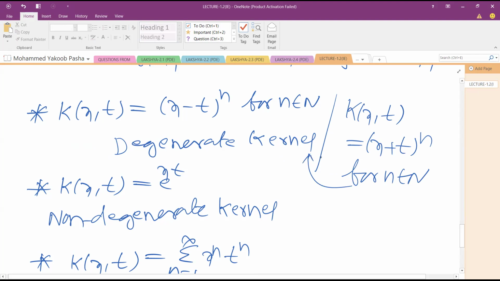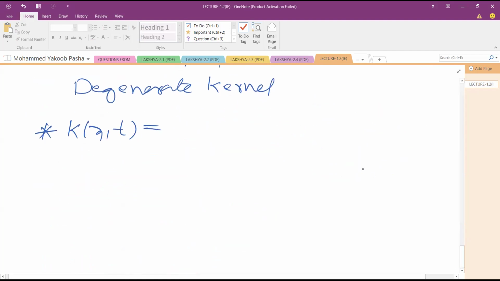Now if we take another function, k of x comma t is equal to e to the power of mod x plus t. Is it degenerate or not? Two possibilities are there here.